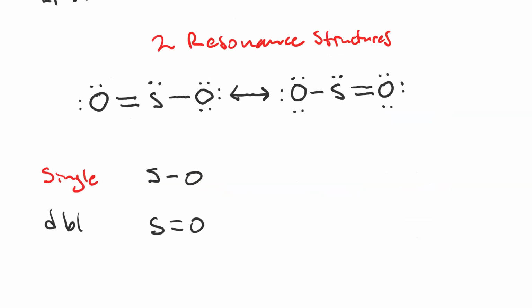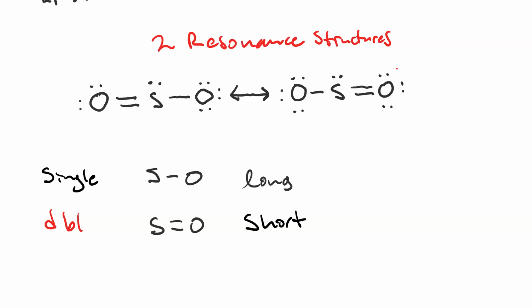Now, a single bond is long. It's got a longer bond distance. A double bond, on the other hand, is short. If the molecule were either one of these 2 structures, we would see one of the SO bonds, the single bond, being a long bond, and the other bond being short.